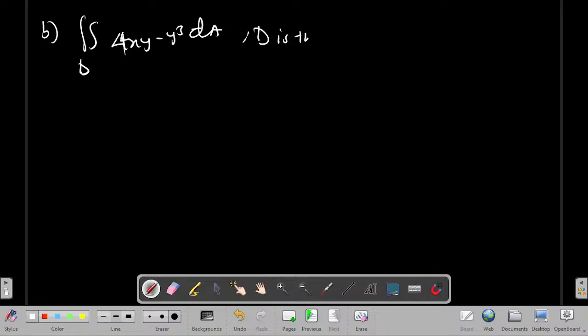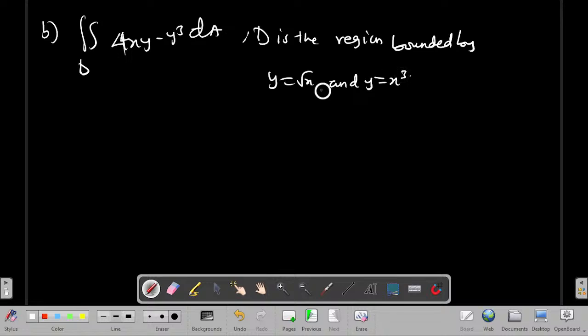D is the region bounded by y equals square root of x and y equals x cubed.